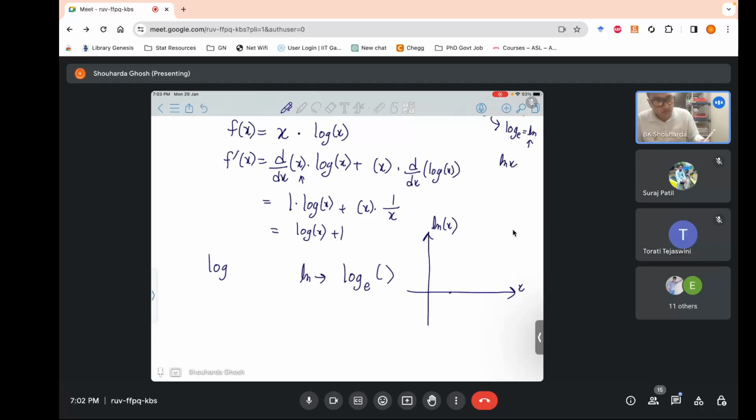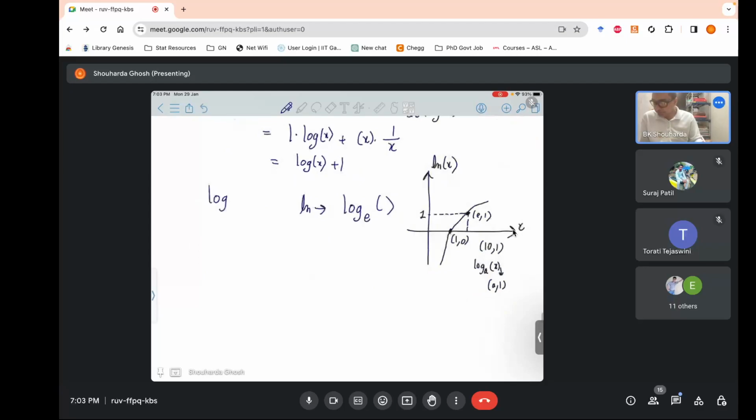All log functions will pass through 1, 0, but the point at which they become 1, that's the difference. For ln it is e comma 1, for log it will be 10, 1. For any log base a it will be a comma 1, the point at which the ordinate or the y value becomes 1.